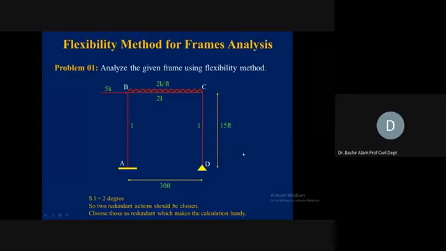This is the geometry and the loading on the frame. Now this frame, if you see, is 2 degrees indeterminate. So 2 redundant actions should be chosen, and again choose the redundants in a way so that you can easily solve this problem.